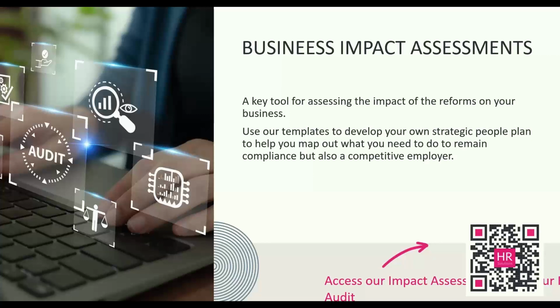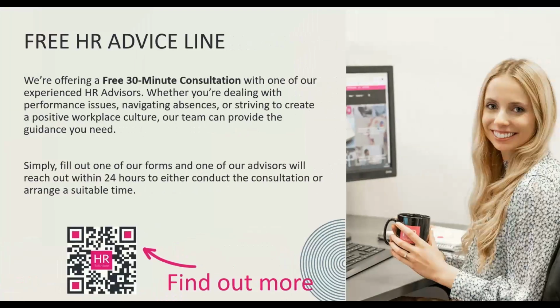There's a QR code there, and it should take you to the people plan as well. And then we're actually offering a free 30-minute consultation with one of our experienced HR advisors. So if you're dealing with a discrimination issue, or anything like performance, absence, or you're wanting to create that positive workplace culture, then try us out, give us a call. You've got a QR code there to get in touch, and you'll get to speak with one of our fab HR advisors in the team.